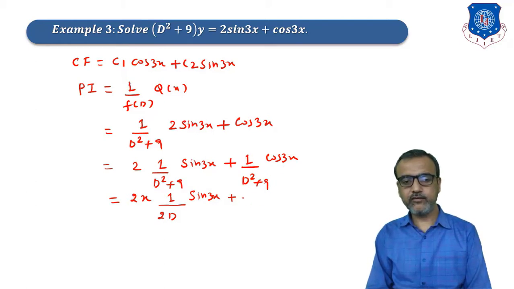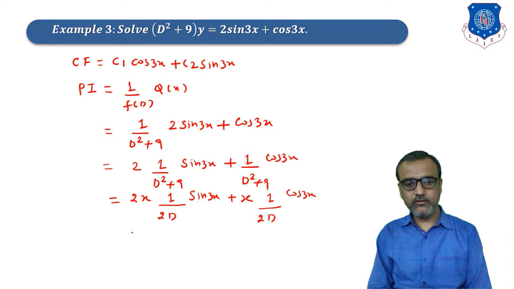So what we will do, we will multiply numerator by x, 1 over, we will differentiate D square plus 9. Derivative of D square is 2D and 9 is a constant value, its derivative is 0 and cos 3x will be as it is.